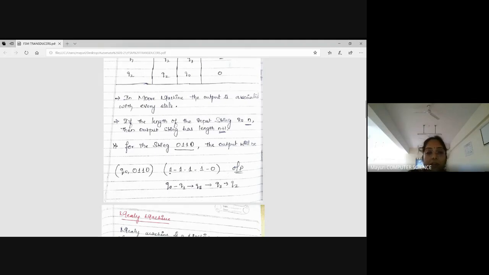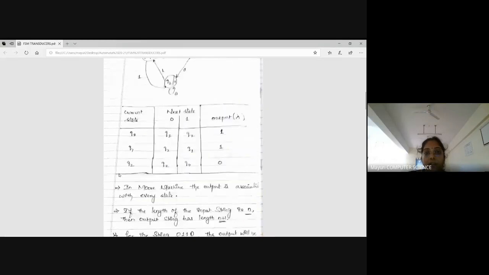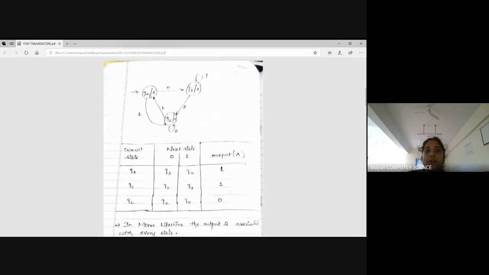When I'm in Q naught itself, I don't consume any input initially. What is the output of Q naught, first of all? Because I have to find out the output of every state from Q naught onward. Before I go to some other state from Q naught by consuming the input, let me know the output of Q naught, because each state is associated with an output.